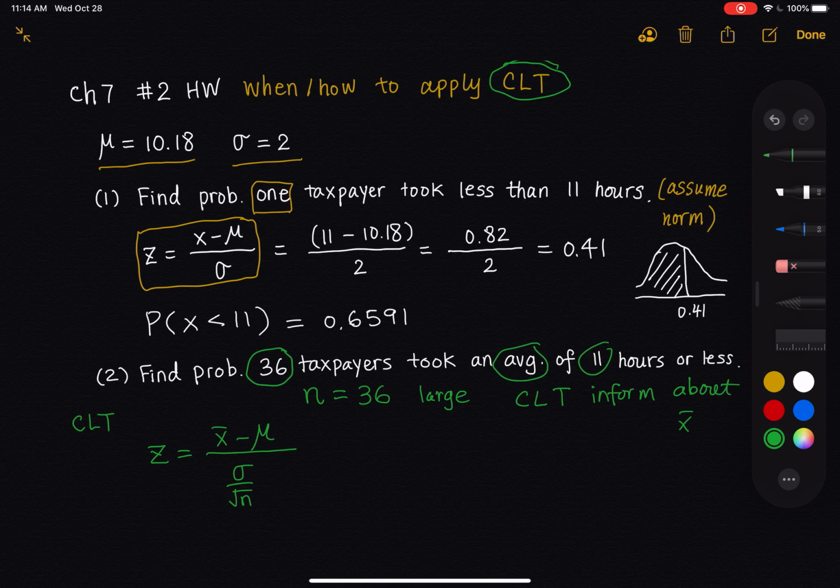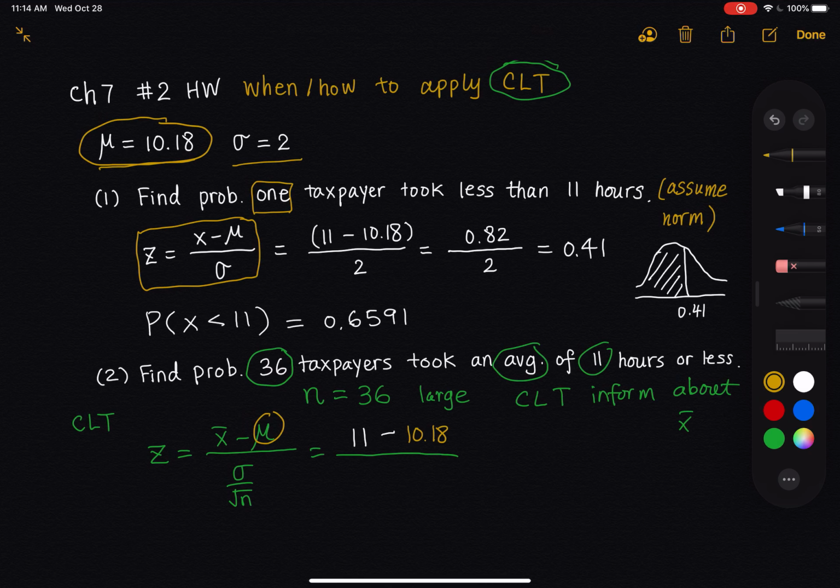And you have to enter everything step by step. So x bar is the average data point. What number are we interested in? We're interested in 11. You subtract the mu. What is the mu? The central limit theorem tells us that this mu is the same as the population mean, so it should be 10.18.